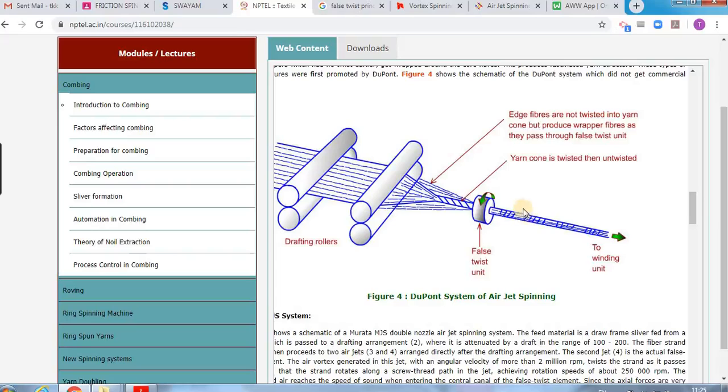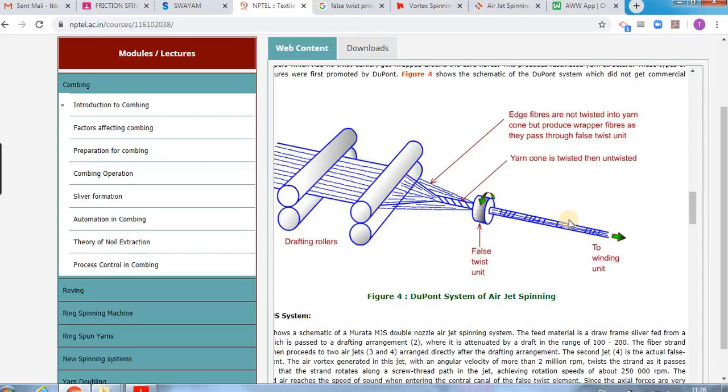Because the amount of wrapper fibers or edge fibers created here is only 2 to 3% of the total number of fibers, right? The number of wrapper fibers or edge fibers is very minimal. It will not be able to hold the remaining 95% or 96% of core fibers.